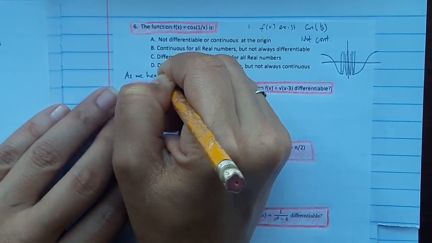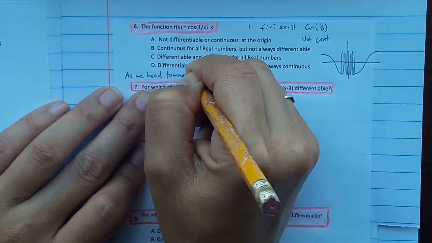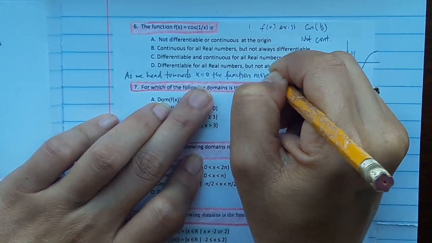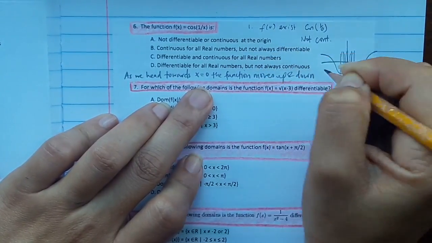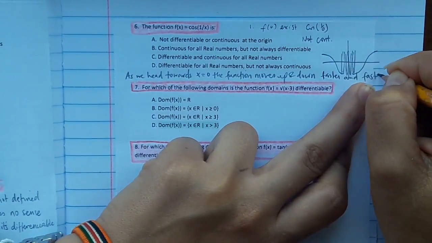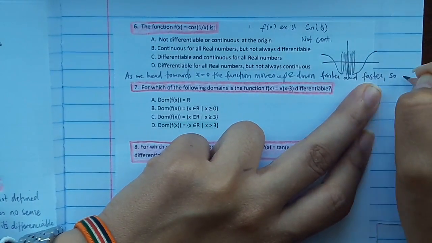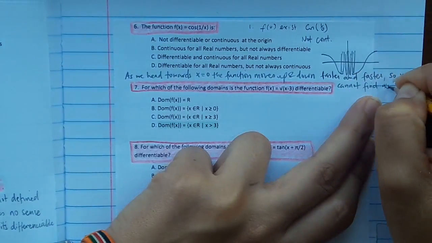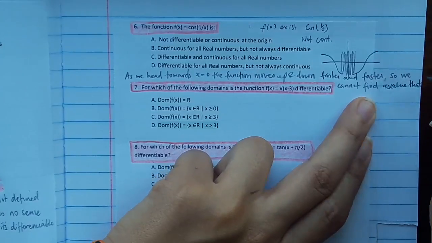As we head towards x equals 0, the function moves up and down faster and faster. So we cannot find the value that it is quote unquote heading towards, so it's not differentiable.